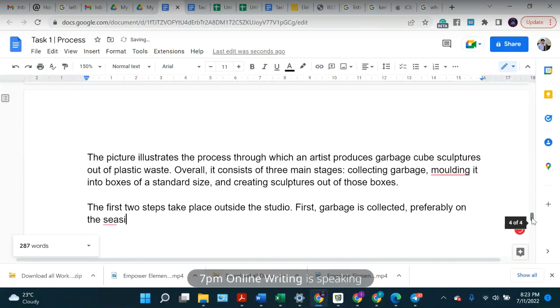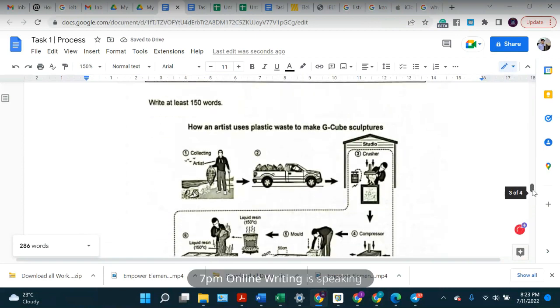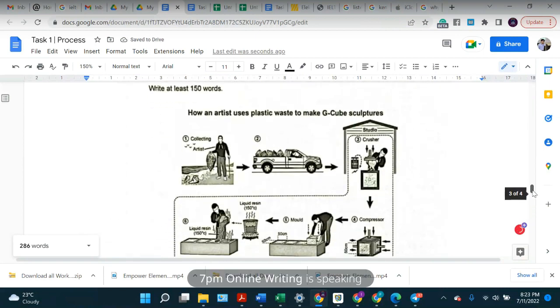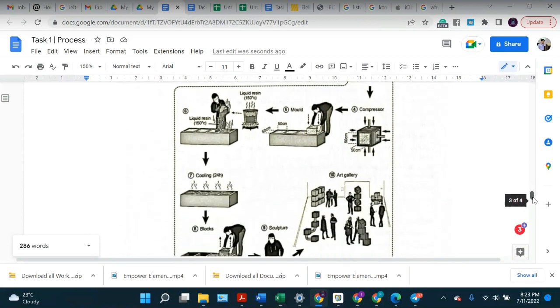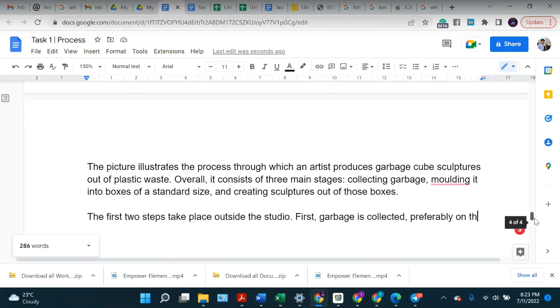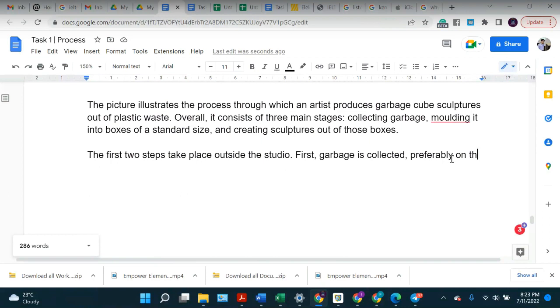Or on the coast, or yeah, because you can clearly see. Yeah, I like this, but I wouldn't use the word preferably, but I don't know what other word I would use. Usually, mainly or something like that. Okay, mainly on the seaside. Okay.